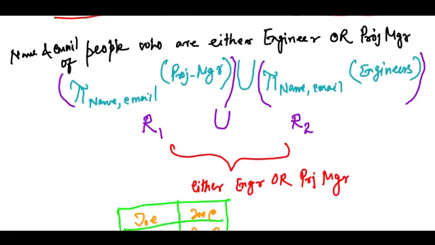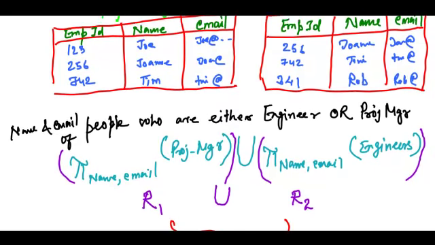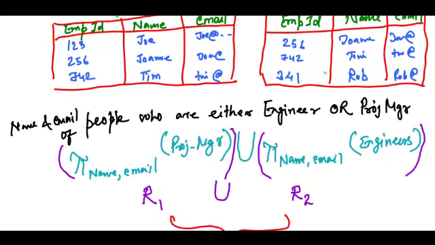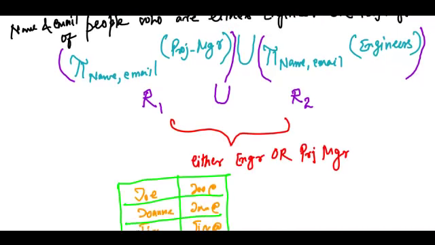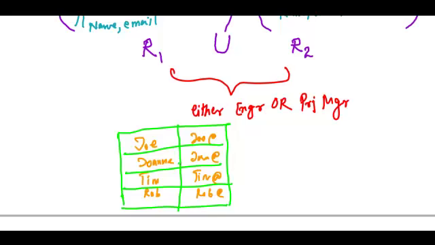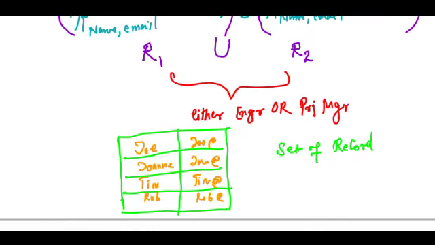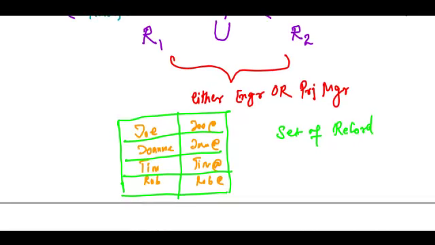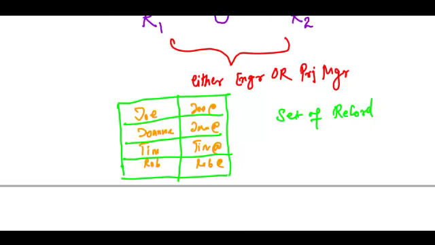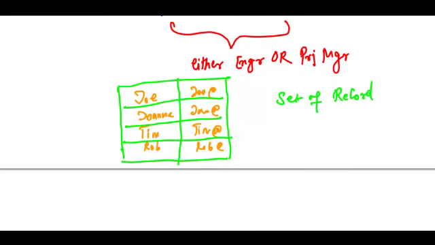Just realize one thing, we do not repeat the rows. Despite the fact that Joanne is common in both the tables, we only display Joanne once in this relation, okay? Because a relation is a set of records, and in a set duplicates are not allowed, or rather it really doesn't affect a set if we have duplicates.